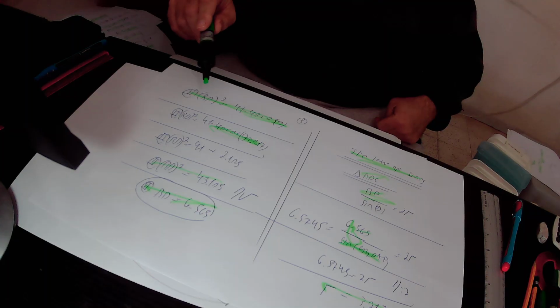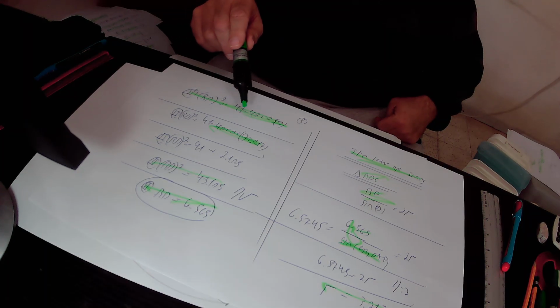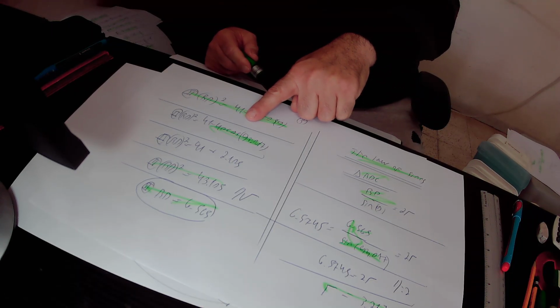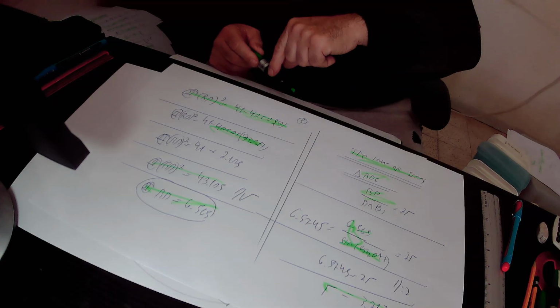The total according to equation 2: BD squared equals 41 minus 40 times cosine alpha. This expression in the green color, that is to say, minus 40 times cosine 93.017 degrees, is equal to 2.105.